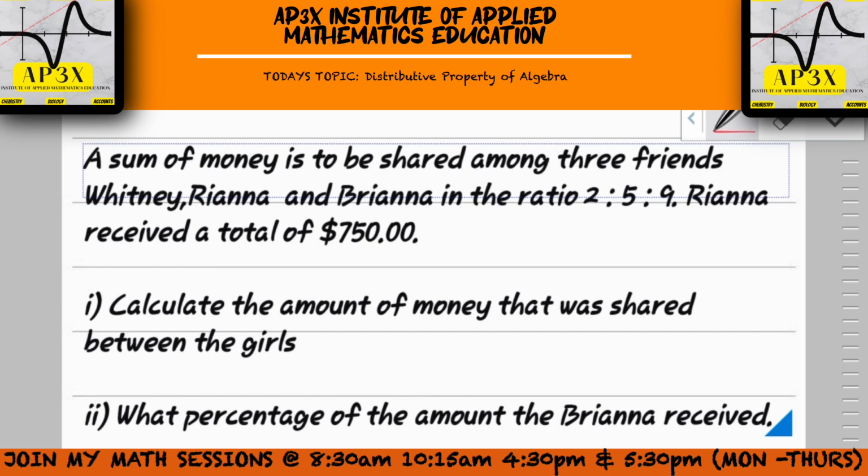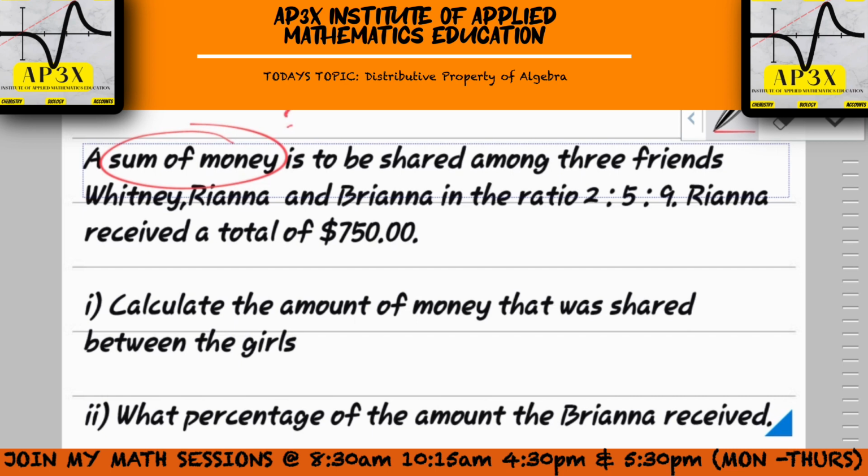Let's take a pause. What is the difference between this question and the one we did before? Well, it is quite easy to identify. In the first question, you were told the amount of money that was being shared. Here, you're told that a sum of money, which means that we don't know how much money is being split up.